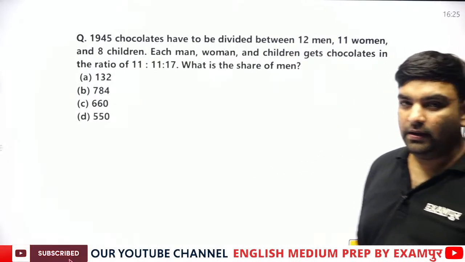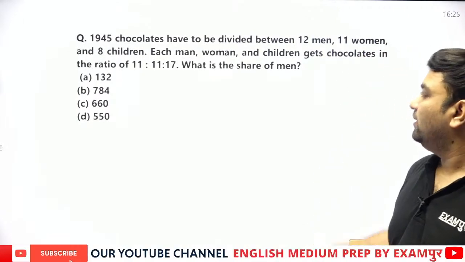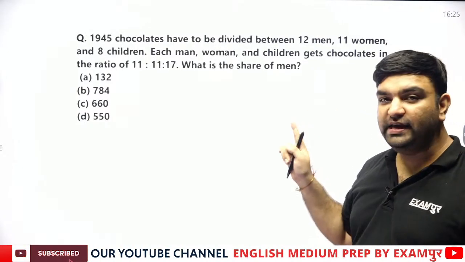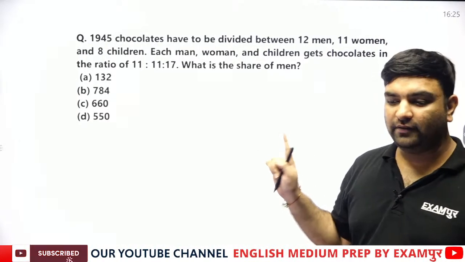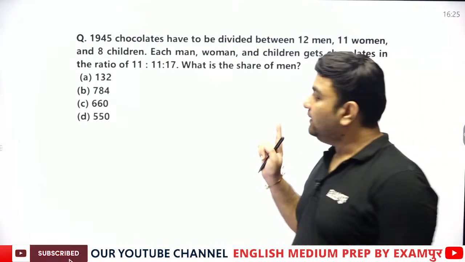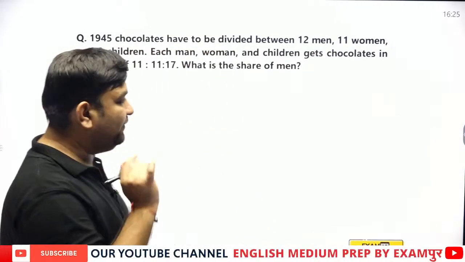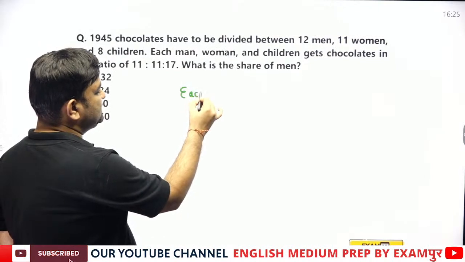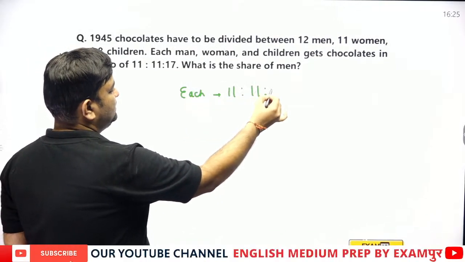945 chocolates are to be distributed among men, women, and children, who get chocolate in the ratio 11:11:17. So the share of each is 11:11:17.